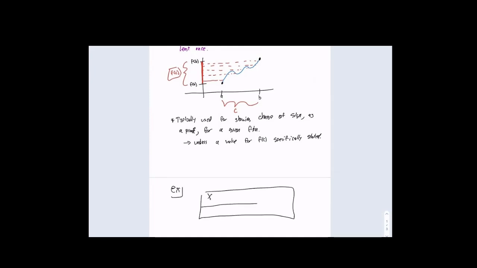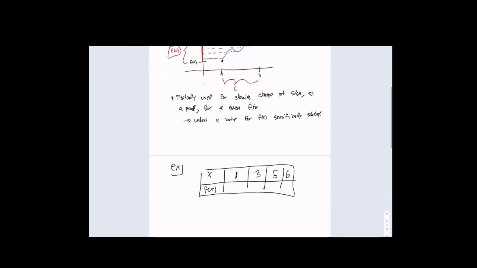So we have x, we have f of x, and then the x values are 1, 3, 5, 6. And then I have for my outputs -5, 3, 4, -8.